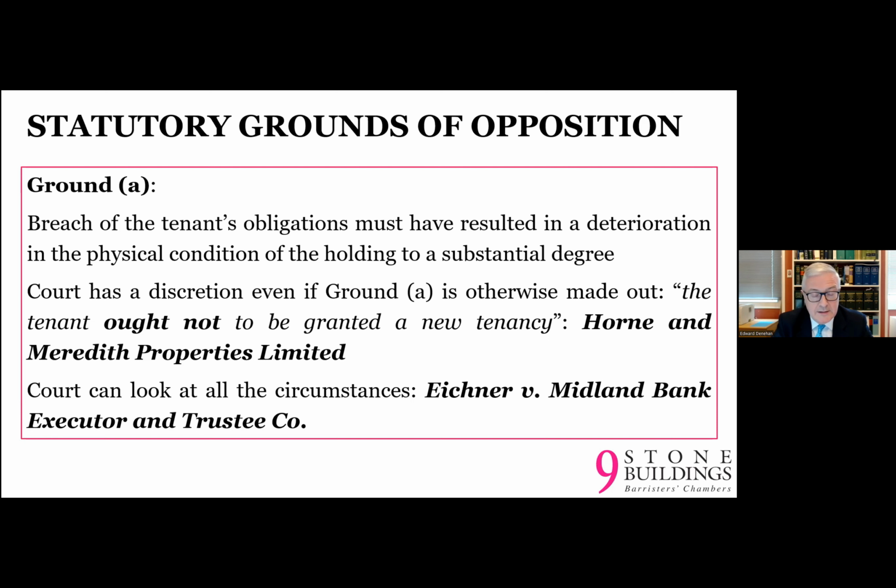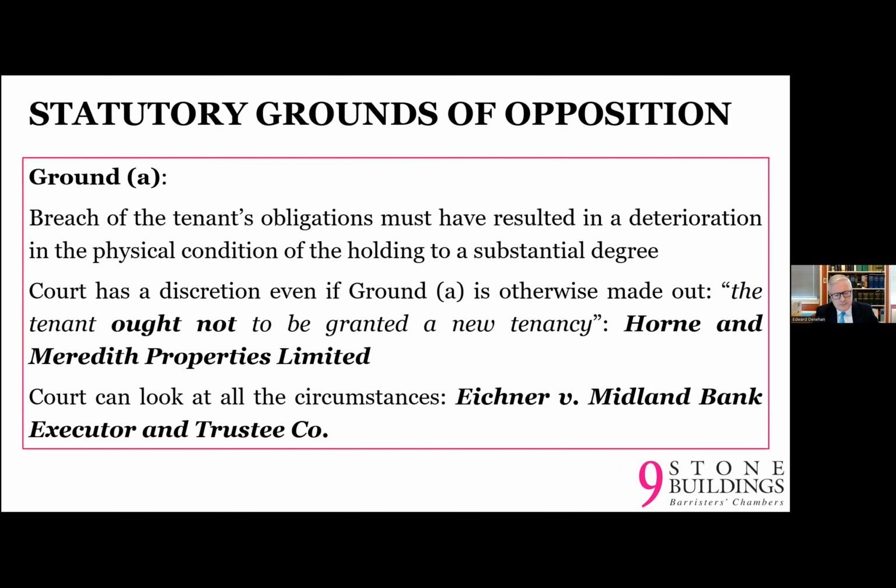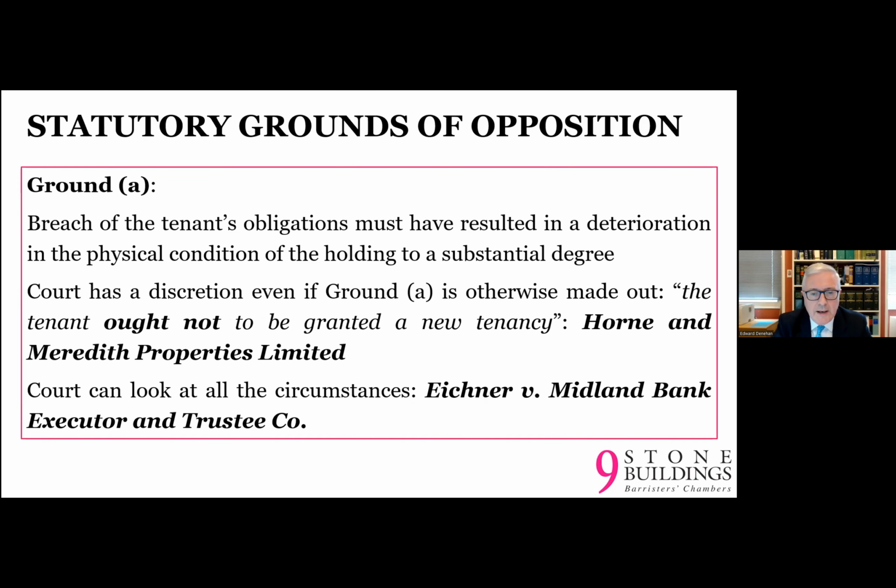The converse of that is that they ought to have a new tenancy, and the court can look at all the circumstances. The way I test this is, we're now in a position where the tenant is asking the court, I want a new tenancy. I want to establish an ongoing relationship for a number of years with the landlord. And the landlord says, well, the tenant has been in breach of its obligations, and therefore I'm opposing.